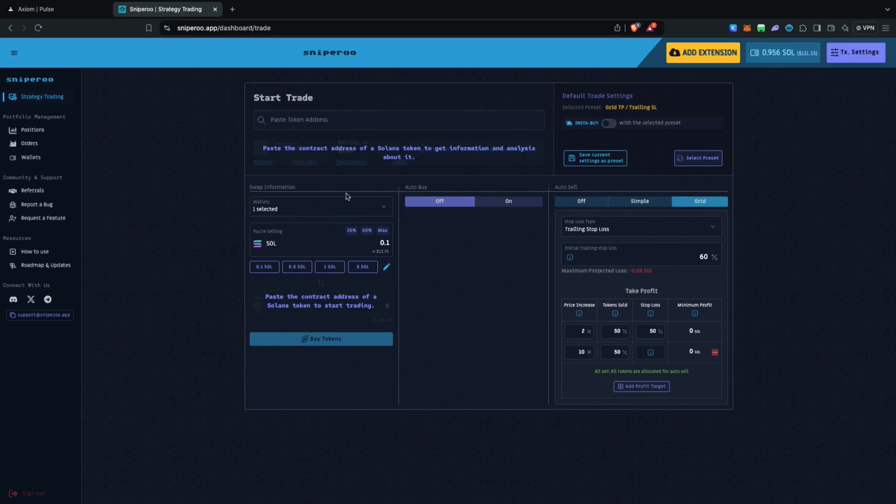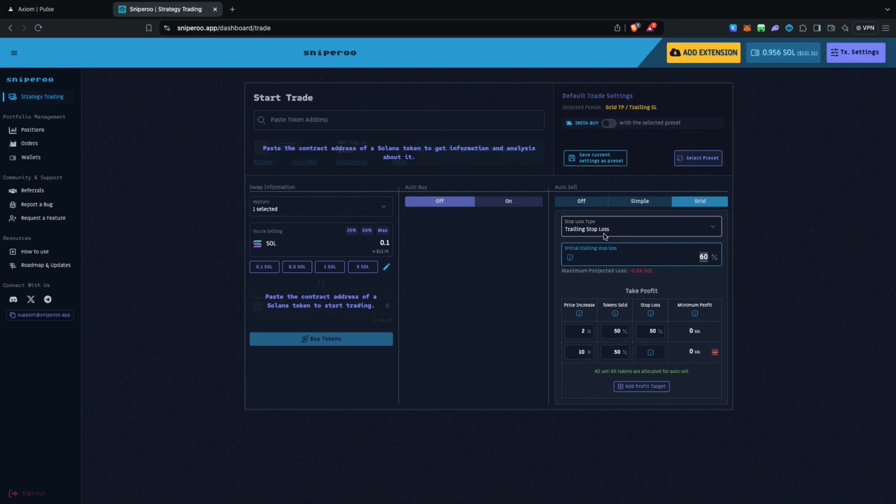And this particular trading bot allows you to have a trailing stop loss and a stop loss. The advantage of having a trailing stop loss on your trades, and by the way, I am assuming that you already know the difference between a trailing stop loss and a regular stop loss.